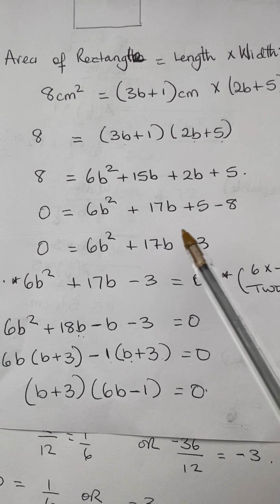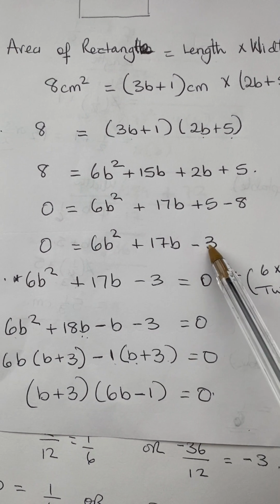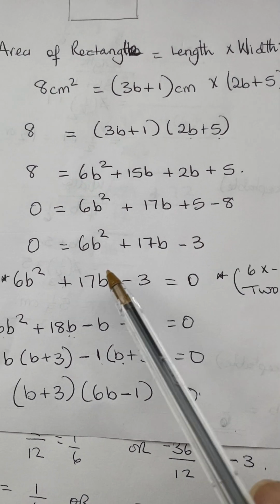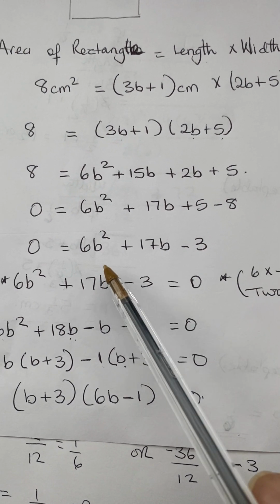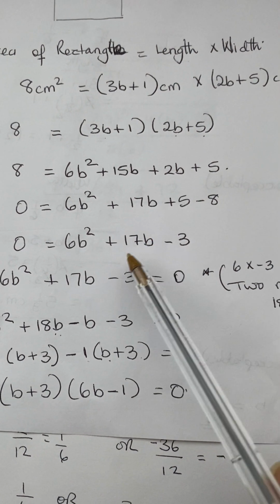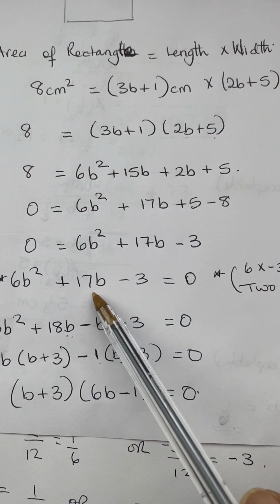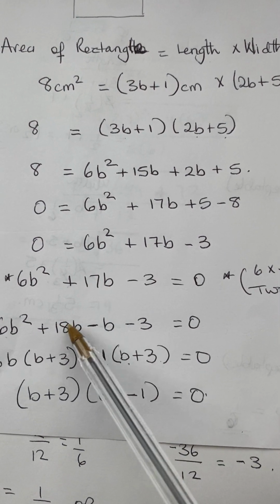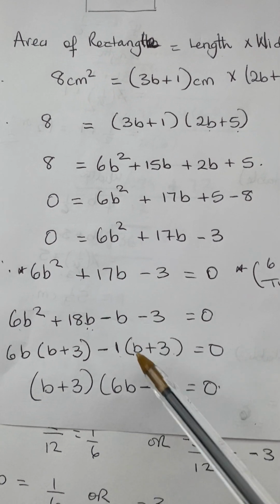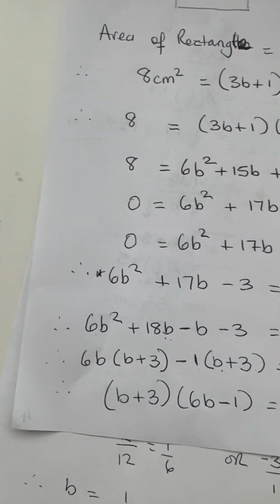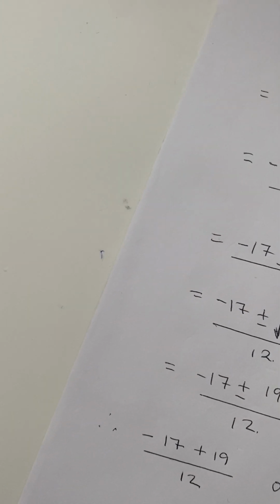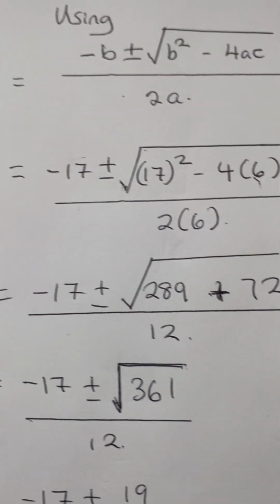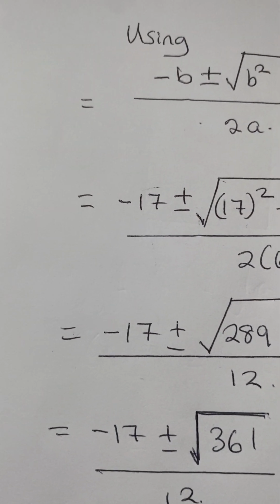Two numbers that multiply to give you -18, and when you add them up will be 17. So 18 and -1, then you can easily solve. You can also do this, but it will take a bit more time.